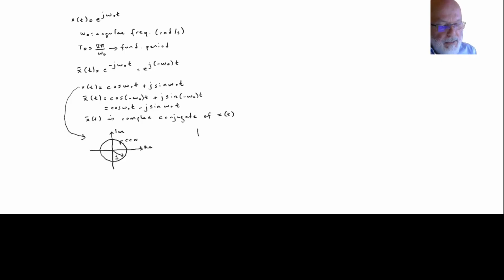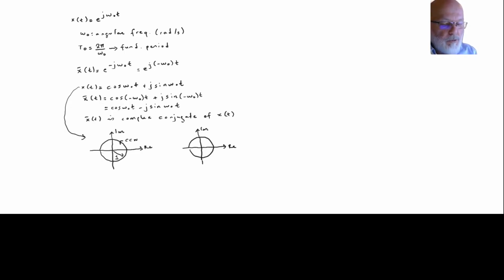Whereas if we look at the complex exponential signal with the negative frequency omega 0, again this is our real axis, this is our imaginary axis, so we have the representation on the complex plane. Again, if you look at the magnitude of x bar of t, it is again 1.